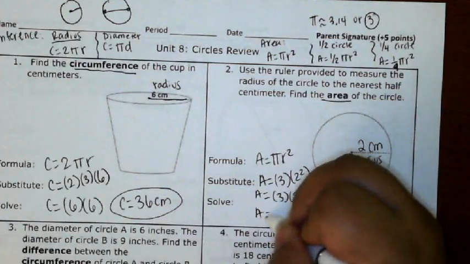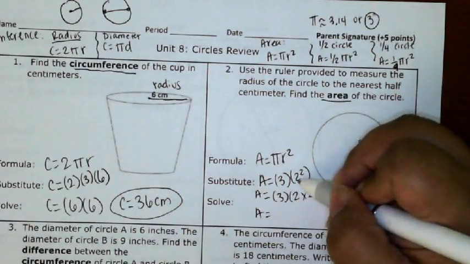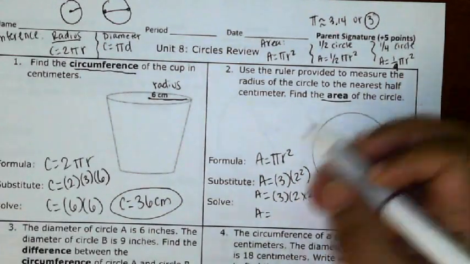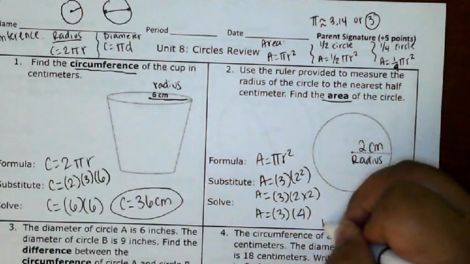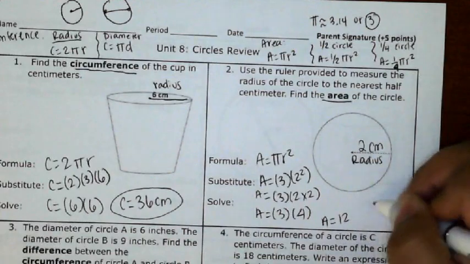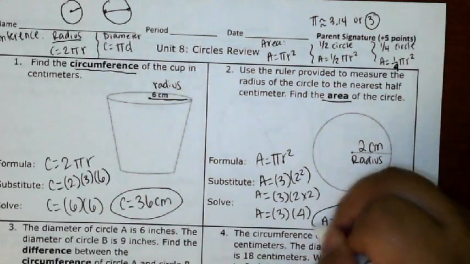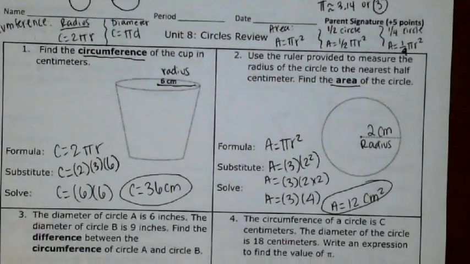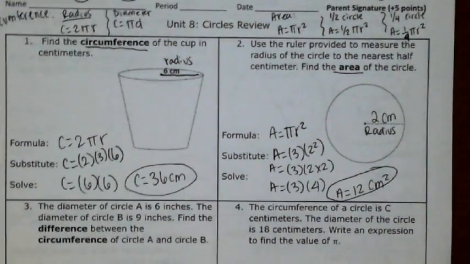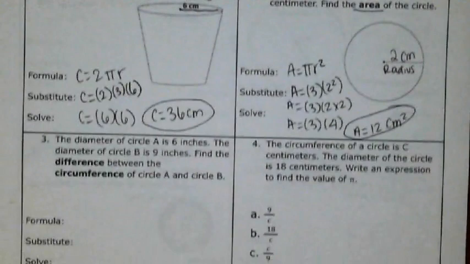That's not 2 times the exponent 2, that is 2 times itself. Now 3 times 4 is going to give me an area of 12 centimeters squared, and this is our final answer. Get that down if you need to, pause if you need to. I'm going to go ahead and move on to number 3.